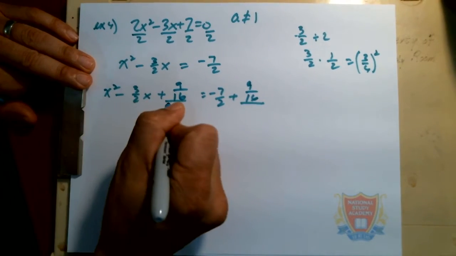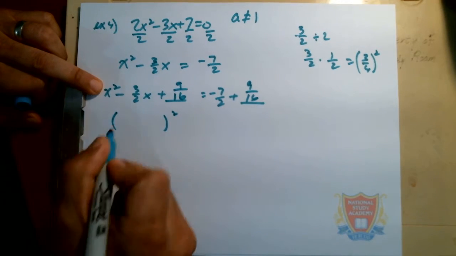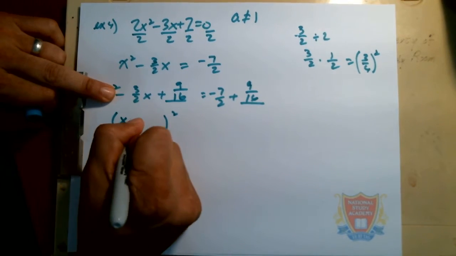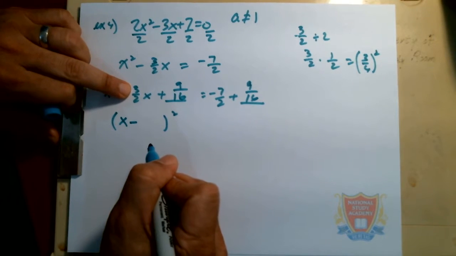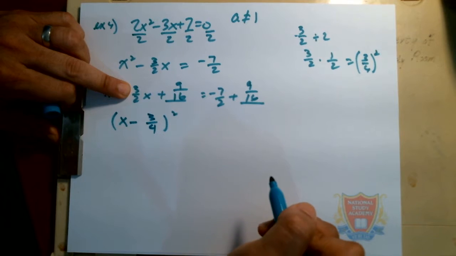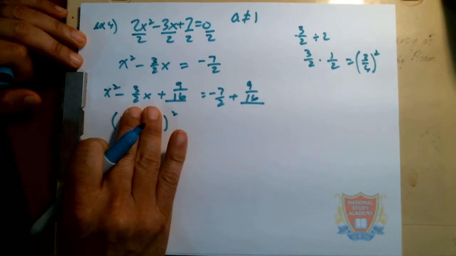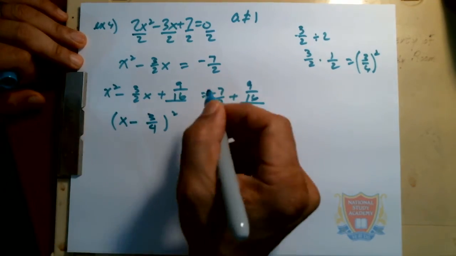We factor the left side, drop the x without the squared, drop the sign. You take 3 halves divided by 2, which is 3/4. Okay, if you distribute this out, you end up with this previous expression on the left.